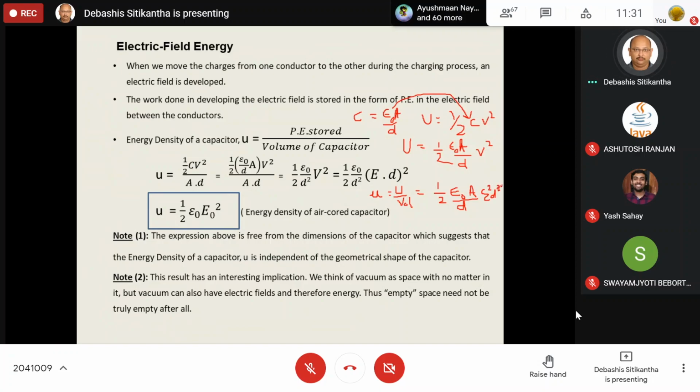So this D square and this D cancel out, divided by A D. Now you see this D and this D cancel out. This A and this A cancel out. So what I am left with is small u is equal to half.